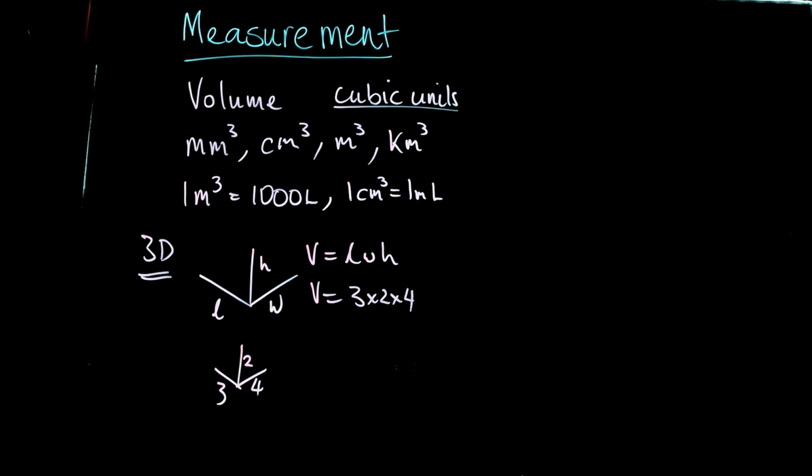So 3 times 2 is 6, times 4 is 24. So the volume of this, I'm just going to put meters there. So we might be dealing with 24 meters cubed, and that would be our answer.